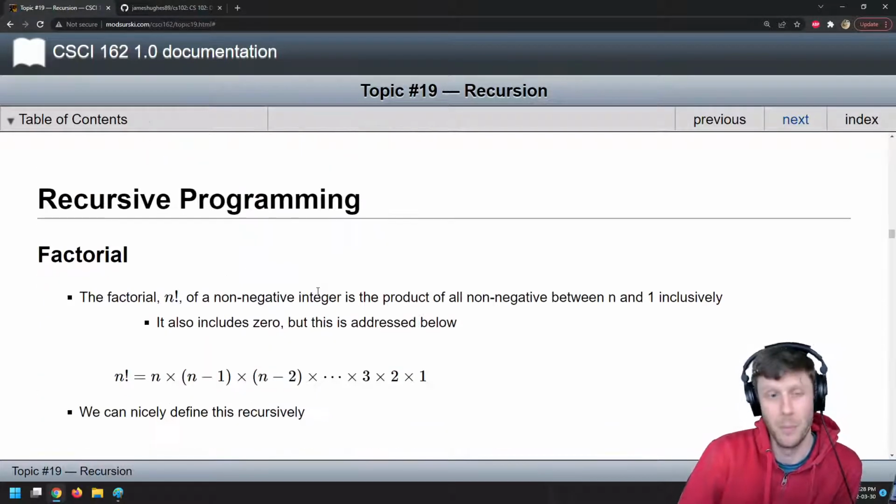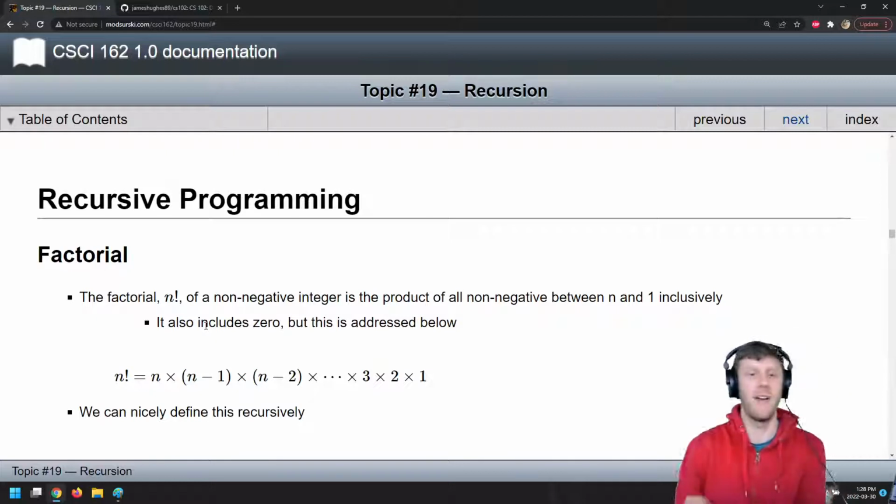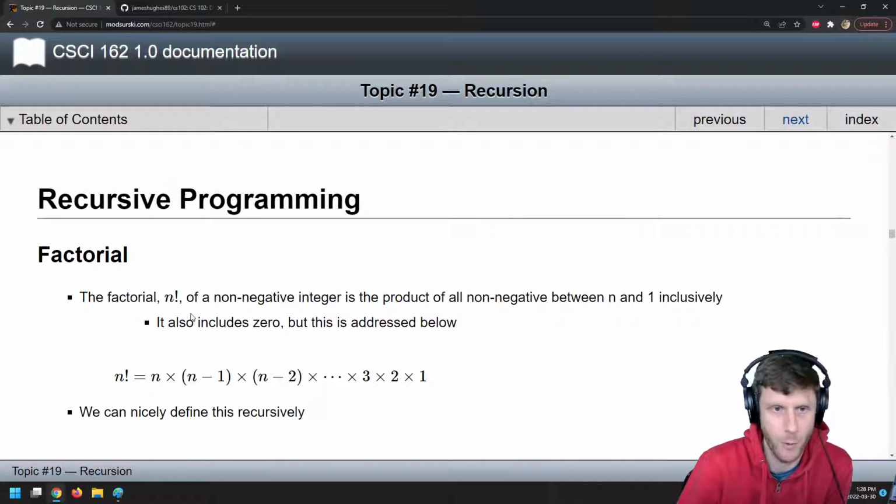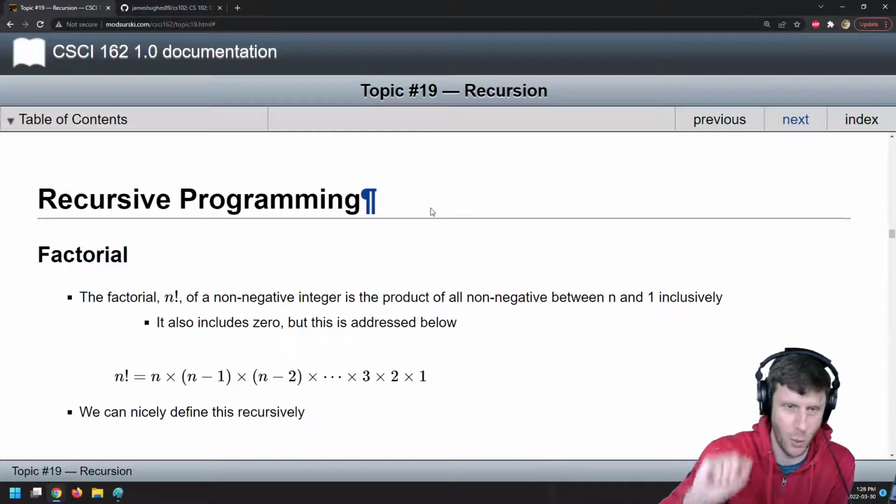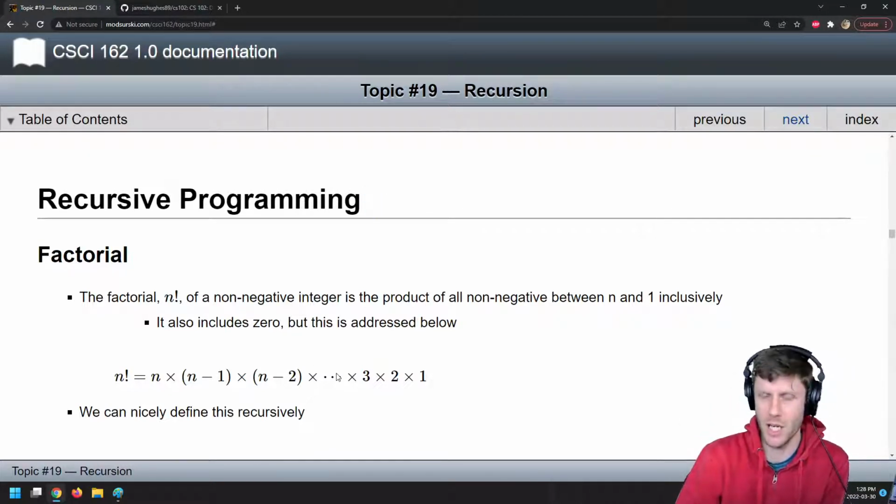So, programming recursively. A factorial, if we write this with math syntax, we use the exclamation point. The factorial of a non-negative integer is the product of all non-negative integers between n and 1 inclusively.